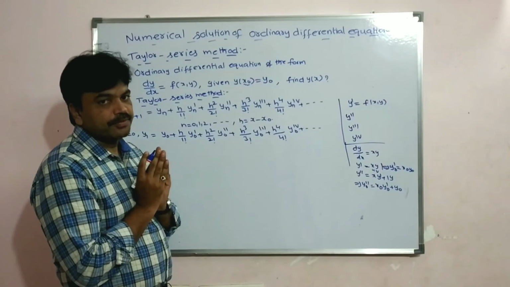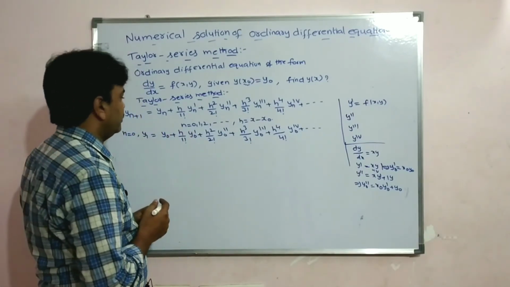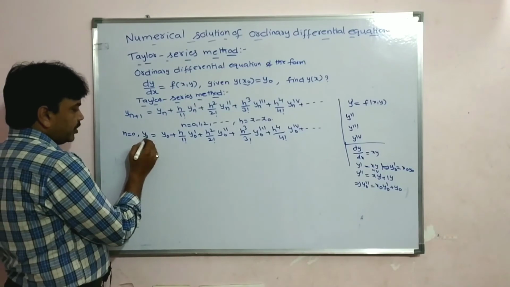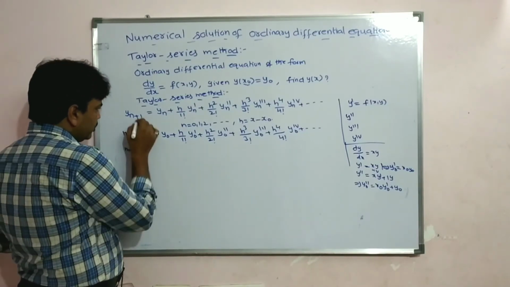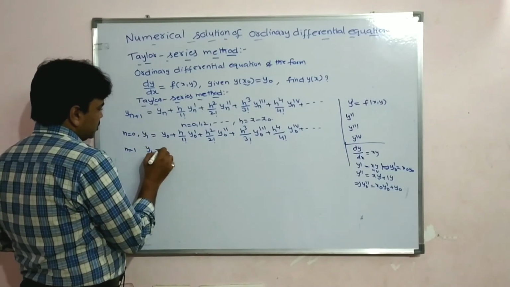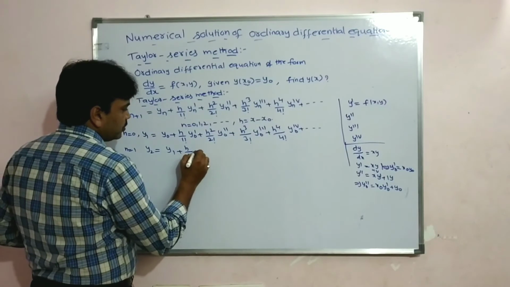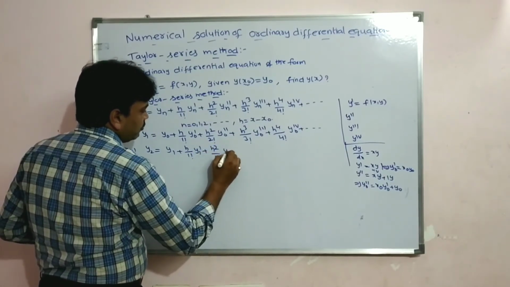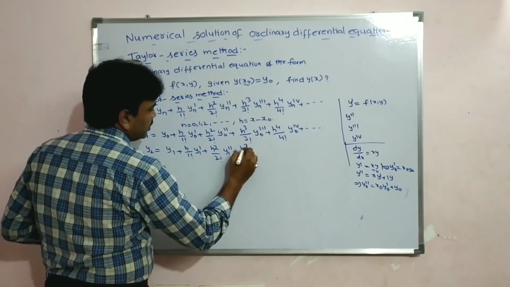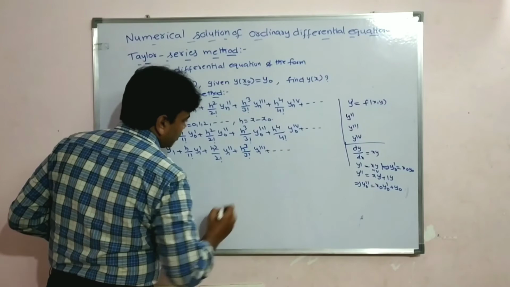This is the complete formula to find the y1 value. Now if n is equal to 1, y2 is equal to y1 plus h by 1 factorial into y1 dash plus h square by 2 factorial into y1 double dash plus h cube by 3 factorial into y1 triple dash plus and so on.